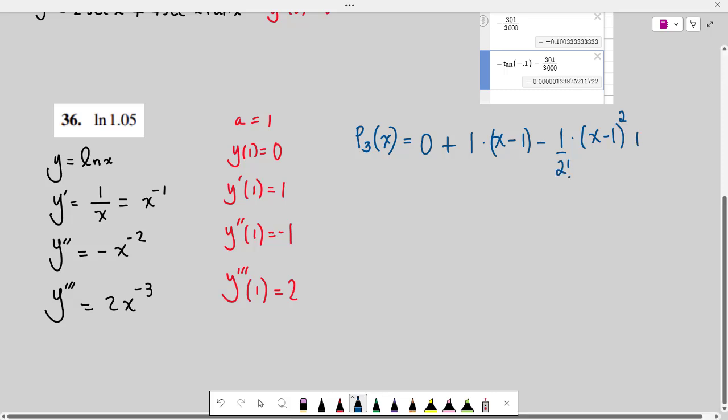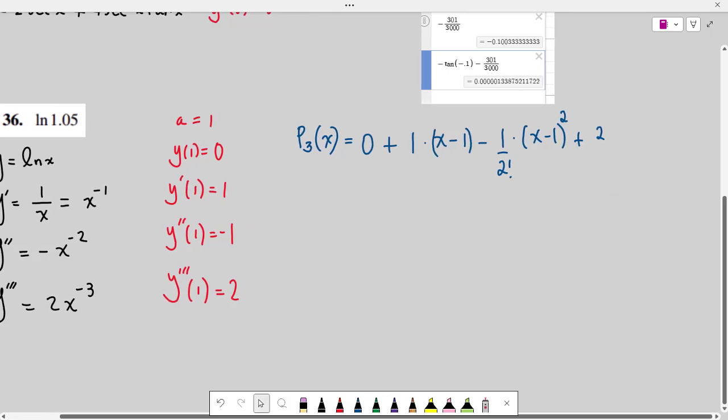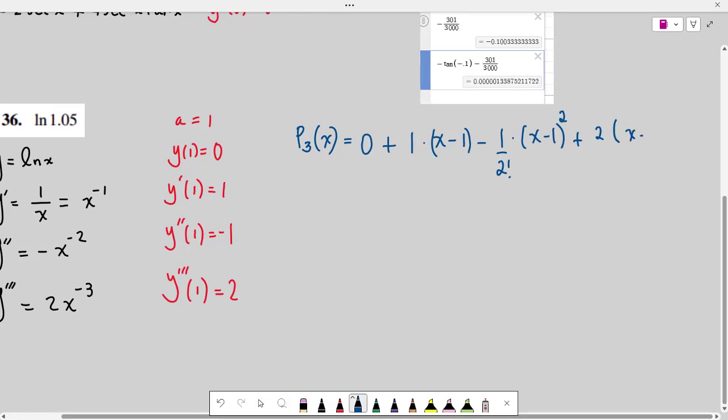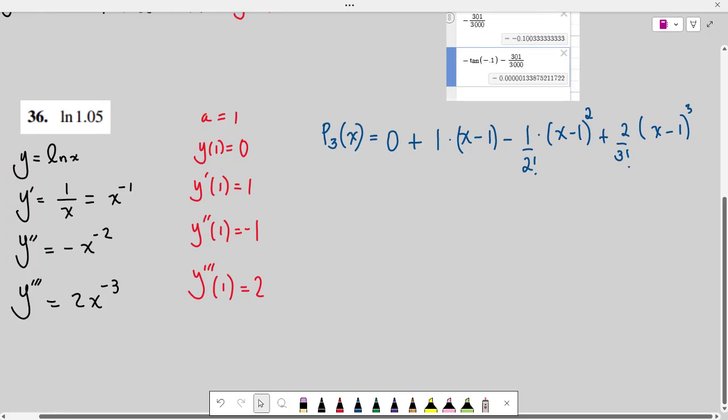And then plus 2 times x minus 1 to the 3 divided by 3 factorial. So there is P sub 3, the third order Taylor polynomial, the best cubic approximation imaginable. The factorial on this one back here, isn't that 6? Yep, and then 2 divided by 6 is a third.